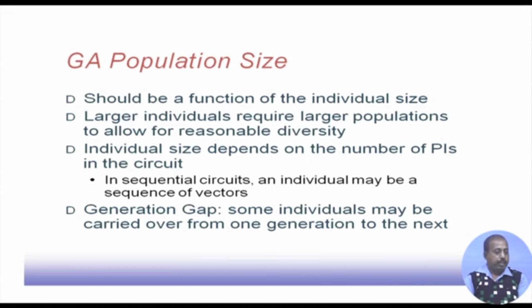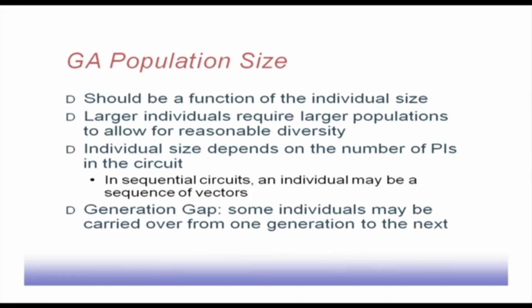Sometimes we encourage generation gap. What it says is that some individuals may be carried over from one generation to the next. In the algorithm that we have seen, the population for the next generation is generated by means of crossover and mutation operators. But it may so happen that some good chromosome present in this generation gets lost when we generate the next generation population through crossover and mutation operators.